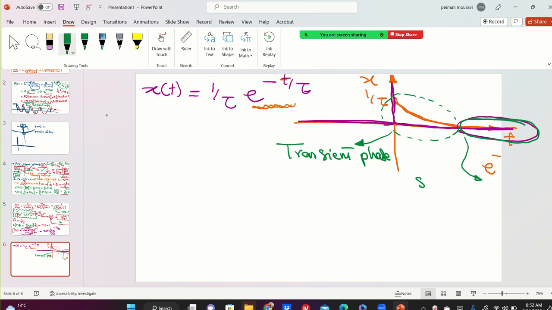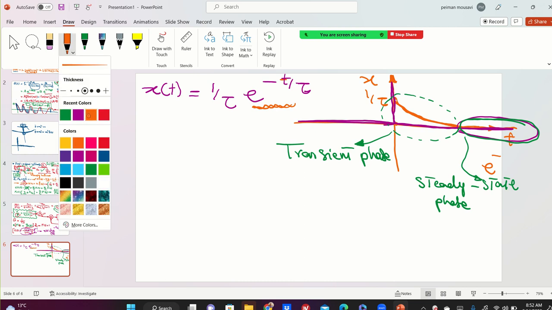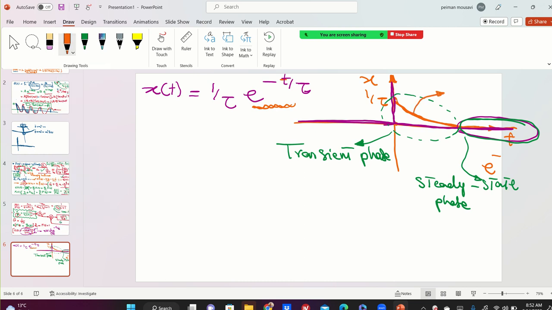Steady state phase, for any dynamical system. Okay, guys, I wanted to give you the answer. Your output finally follows your input impulse.